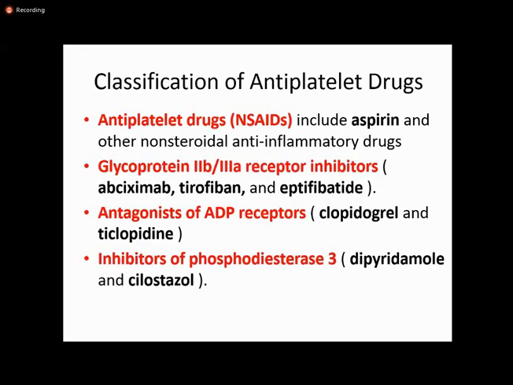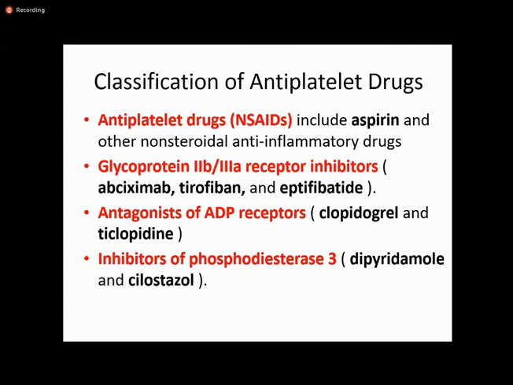Classification of antiplatelet drugs. Number one, NSAIDs, and in NSAIDs we have aspirin, the key drug. Number two, glycoprotein 2B3A receptor inhibitors. These are the receptors present on platelets, and due to this receptor, platelets aggregate towards each other. Examples are abciximab, lamifiban, and eptifibatide.